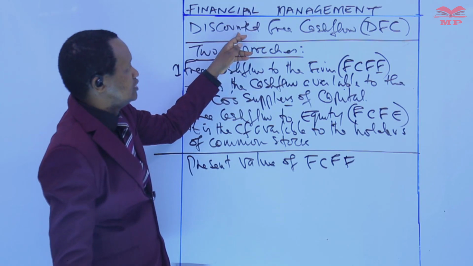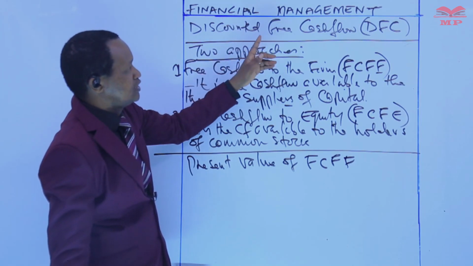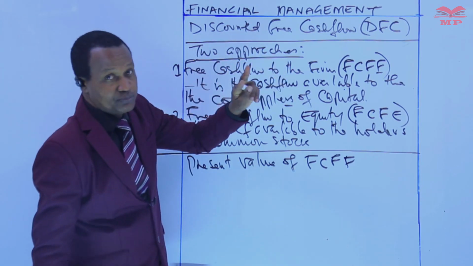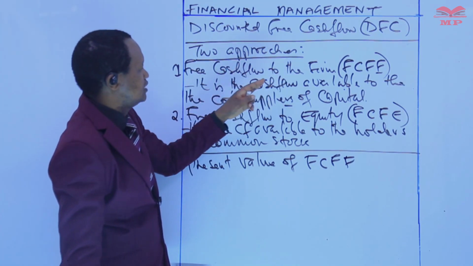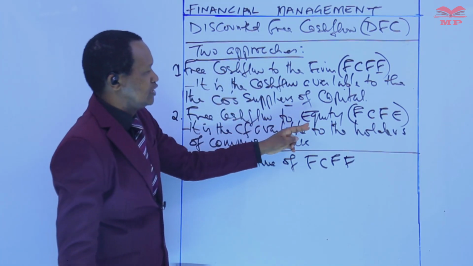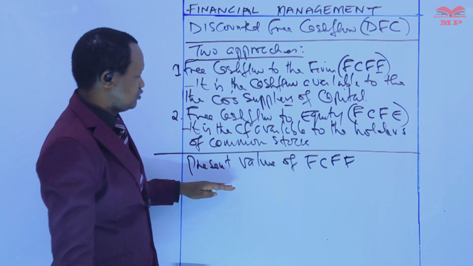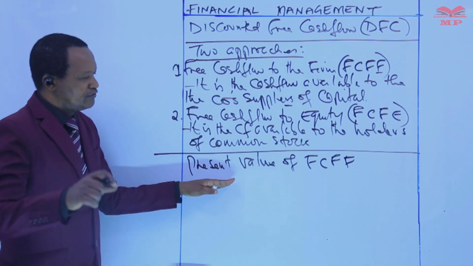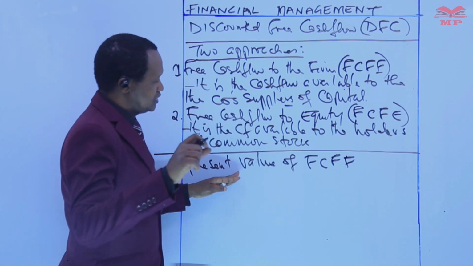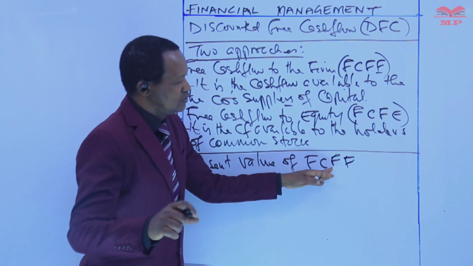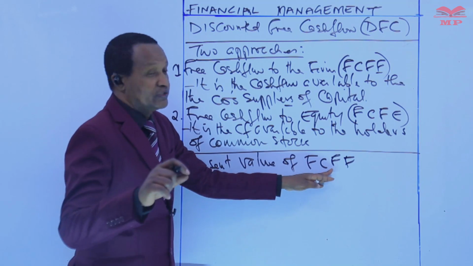We are on the technique of discounted free cash flows. There are two approaches: the free cash flow to the firm and the free cash flow to equity. We are now moving to the nitty-gritties. We want to calculate the present value of free cash flow to the firm.